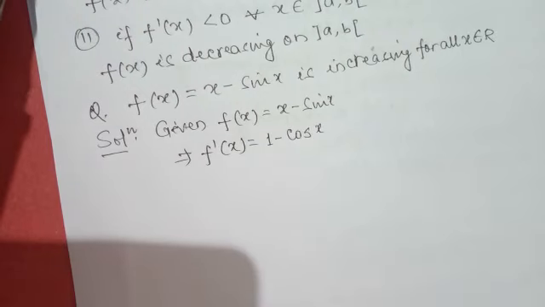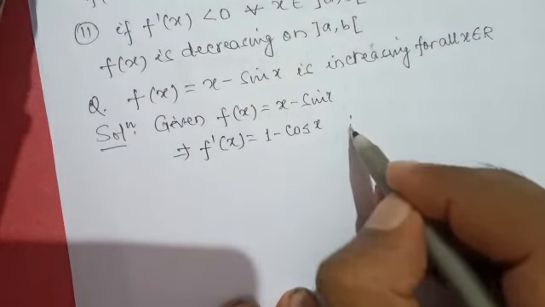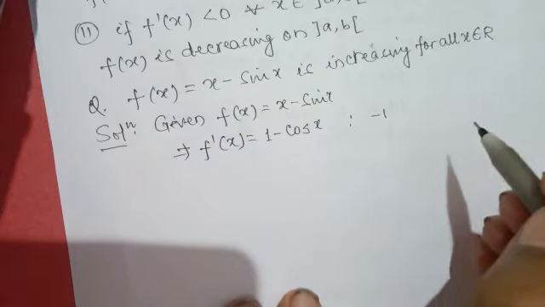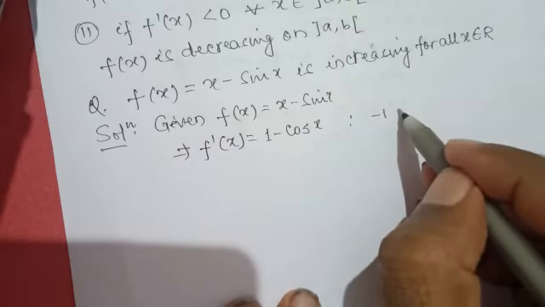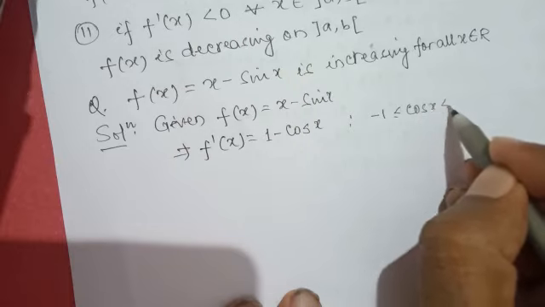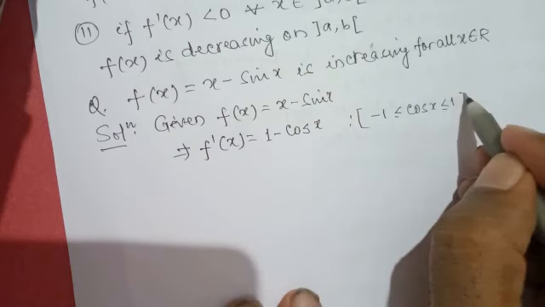Similarly, since the value of cos x lies between -1 and +1, we know it.